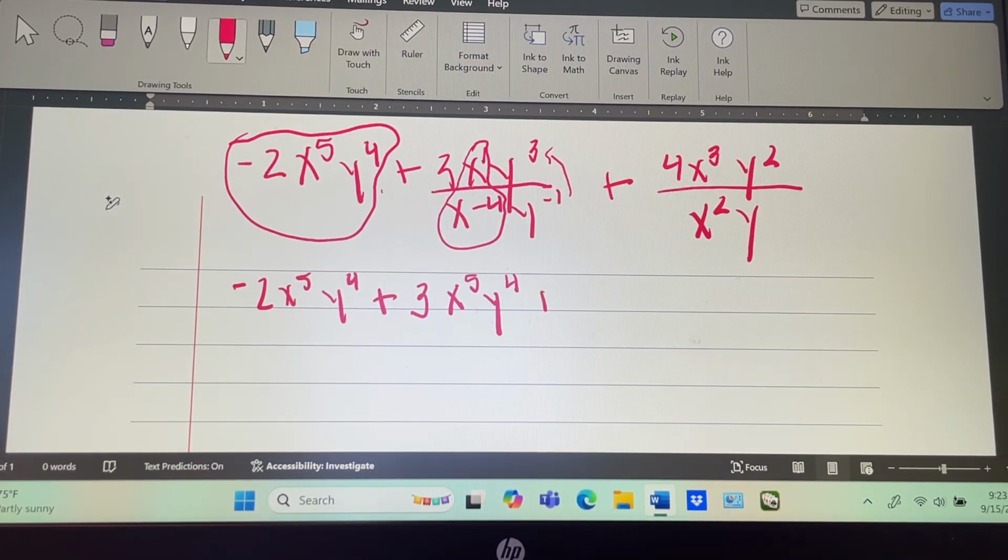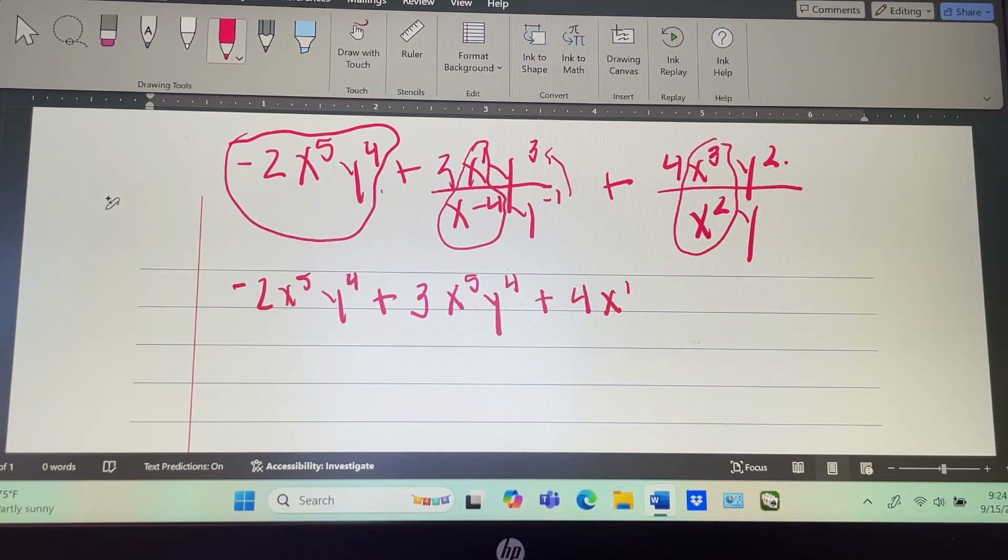We're going to do the same thing on this last term. We've got the 4 we're going to leave alone. I've got x cubed on the top. I'm going to bring the other x up, and it becomes a negative, and that just becomes x to the 1 power, or just x. And the y, we have 2 on the top.